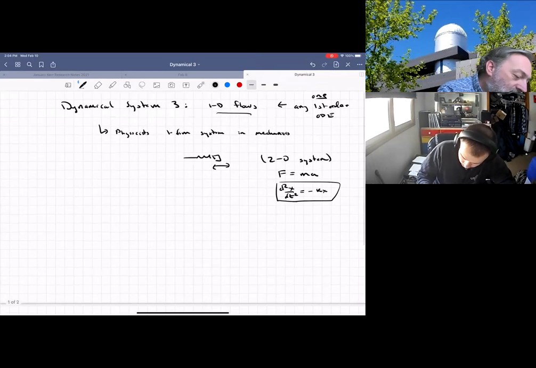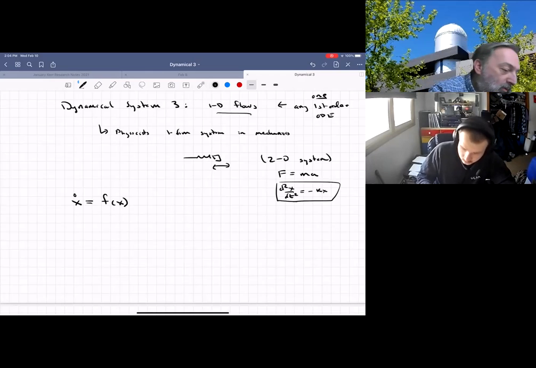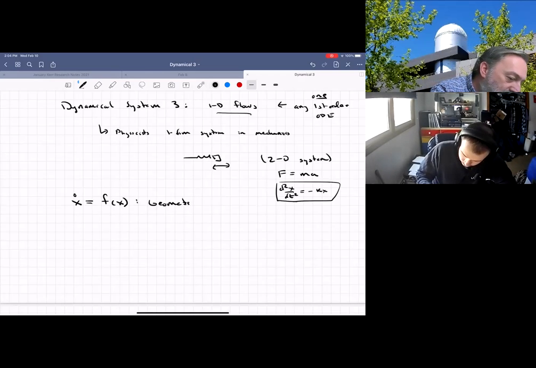And so we're thinking here of any x dot is f of x. And what we want to learn to do is we want to learn to think geometrically about the solution. So it's a one-dimensional thing.